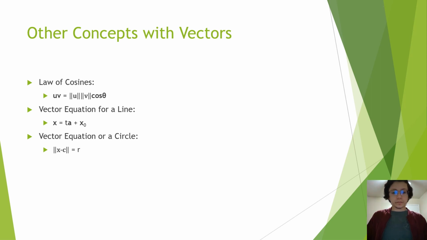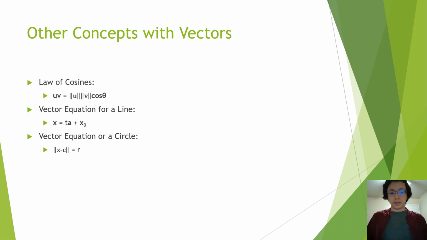And some of the other concepts that the chapter goes into, not too much into detail, although it does give a couple of examples, is the law of cosines, which is u dot v is equal to the length of u times the length of v times the cosine of theta.